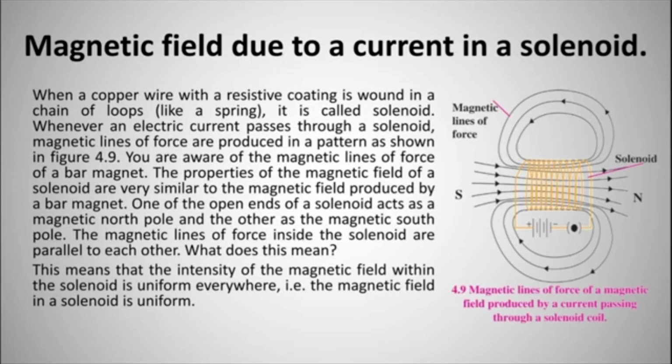The magnetic lines of force inside the solenoid are parallel to each other. What does this mean? This means that within the solenoid, the intensity of the magnetic field is uniform everywhere. That is, the magnetic field in a solenoid is uniformly distributed.